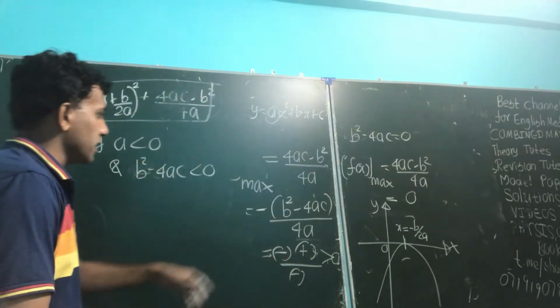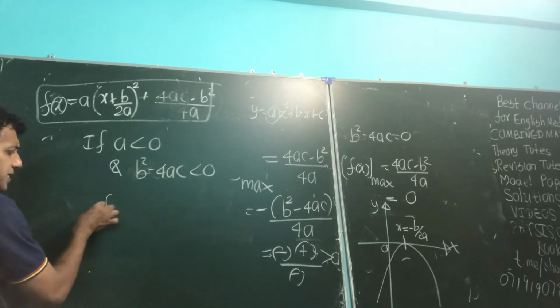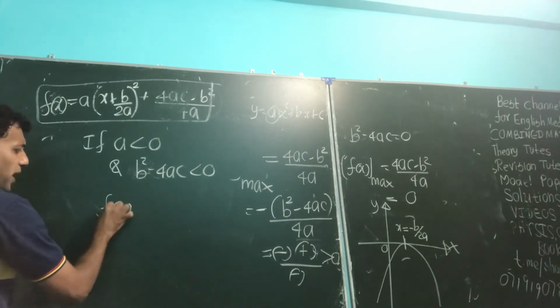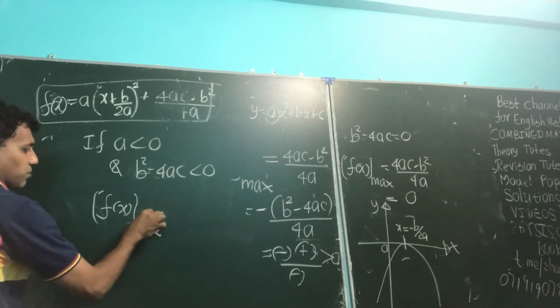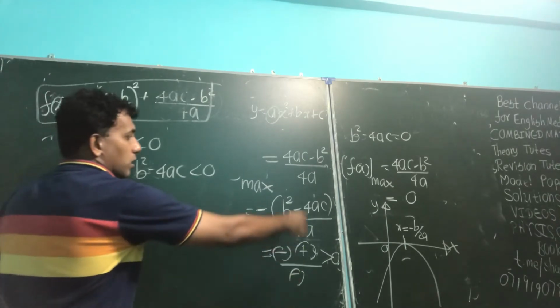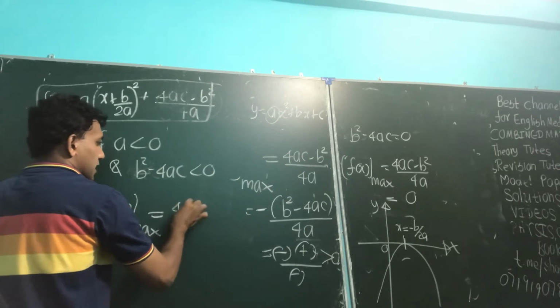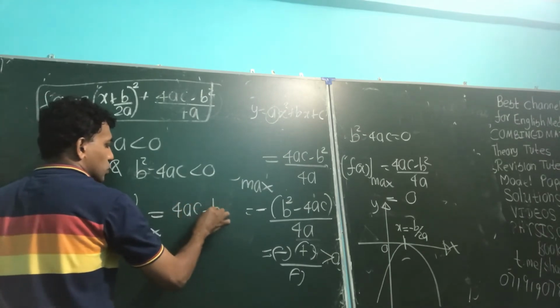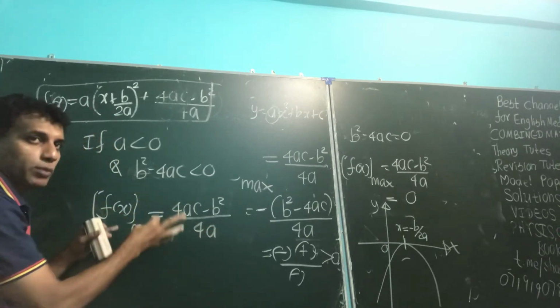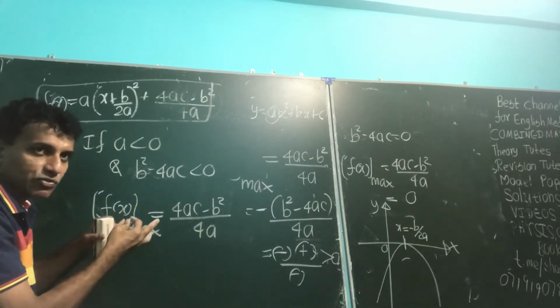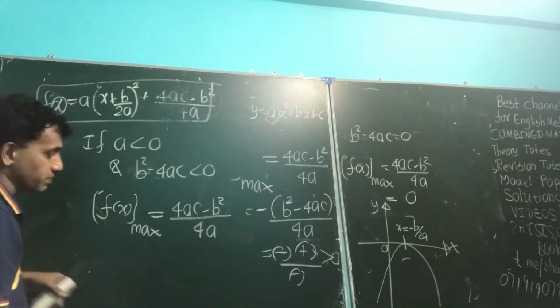Alright, write this: f(x) maximum is 4AC minus B square over 4A, the standard formula, right? Now I change this formula to this expression.